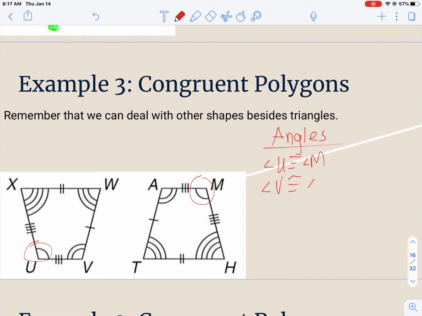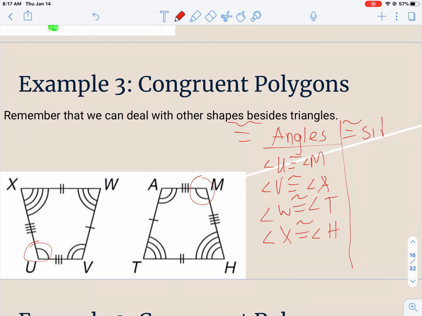Angle V is congruent to angle A. Angle W is congruent to angle T. And angle X is congruent to angle H. So 1 arc, 2 arcs, 3 arcs, 4 arcs. Those are the congruent angles.